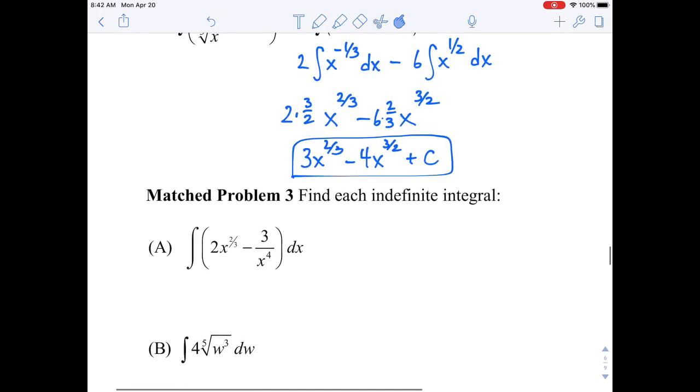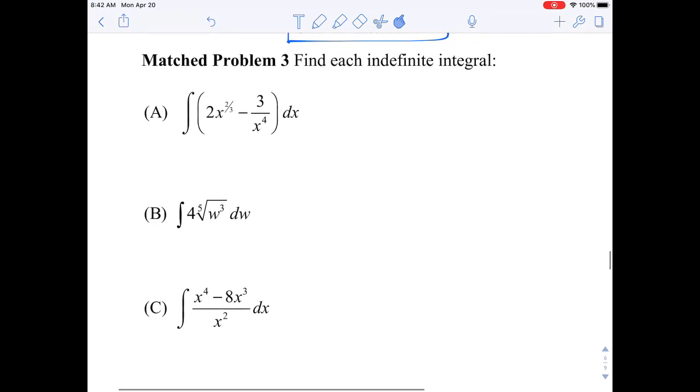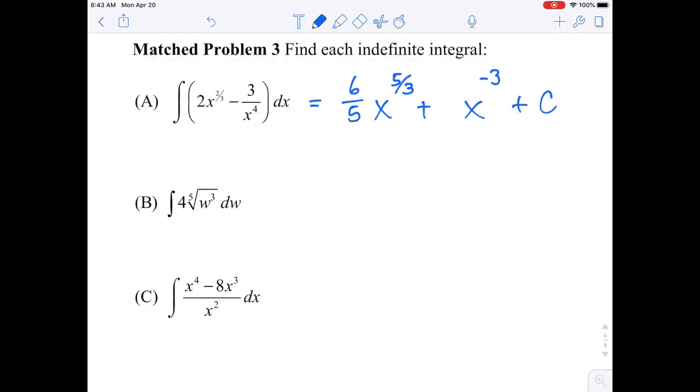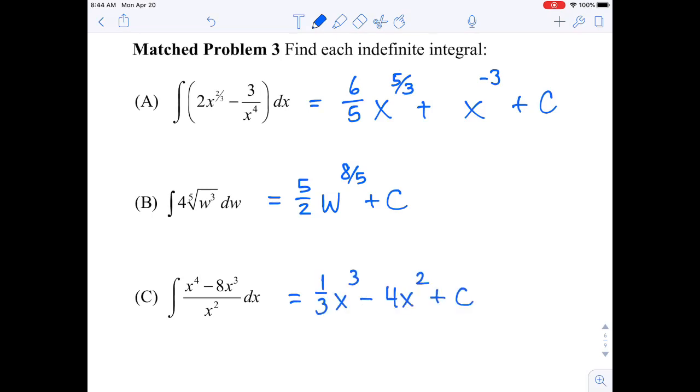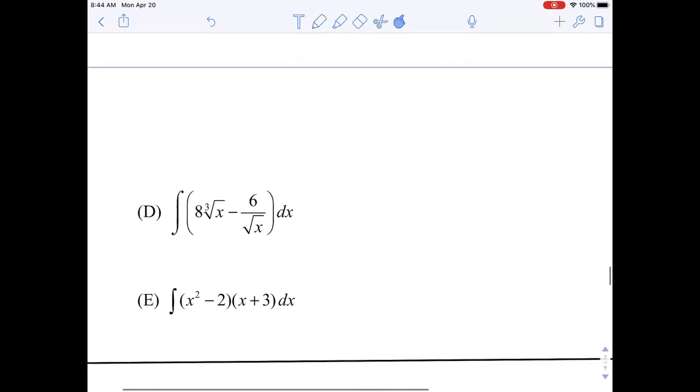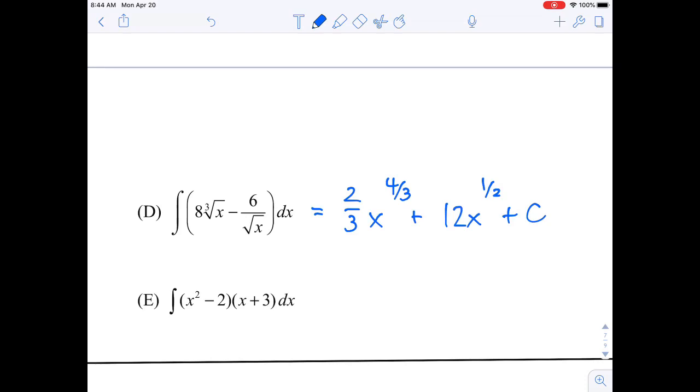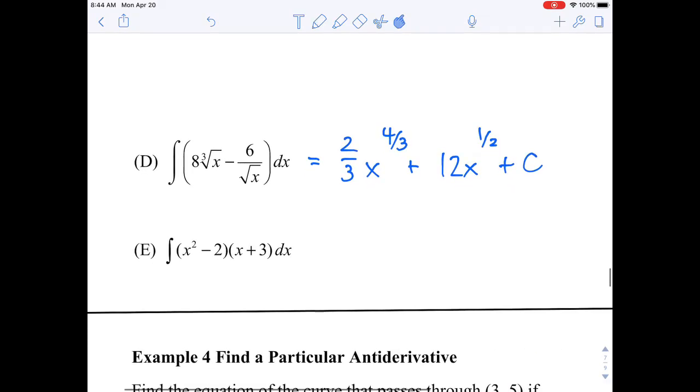Okay, so let's go ahead and do your matched problems. Again, remembering those properties. And while I did not go over this last one, what you need to do is actually distribute and create a polynomial rather than two factors. You can't integrate two factors.